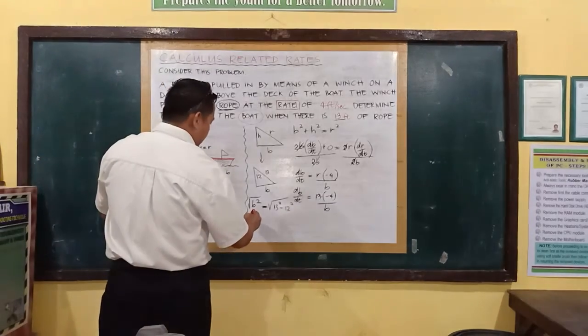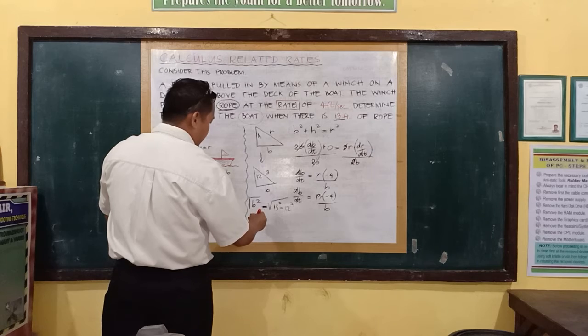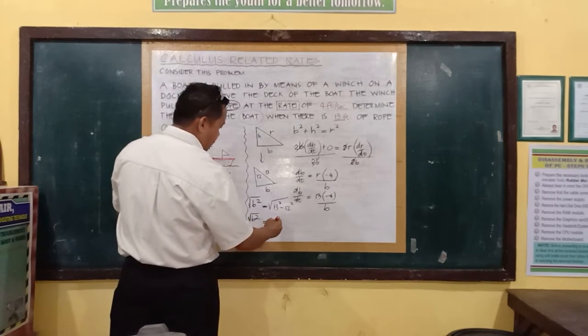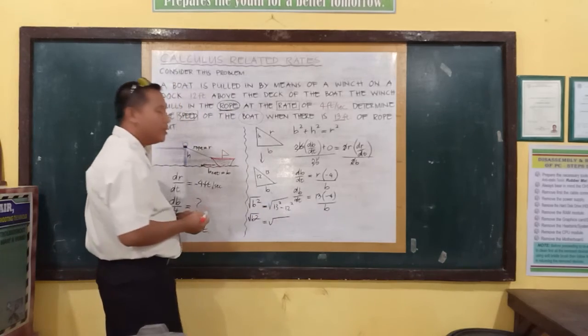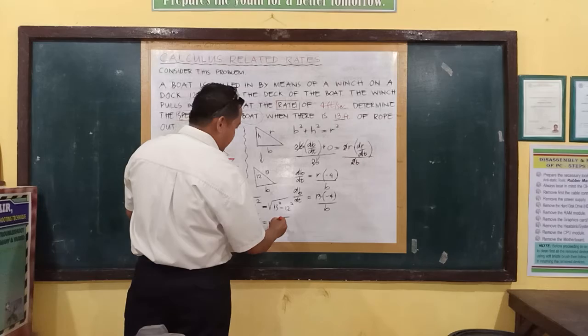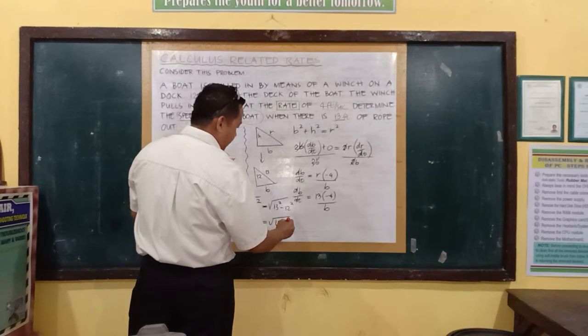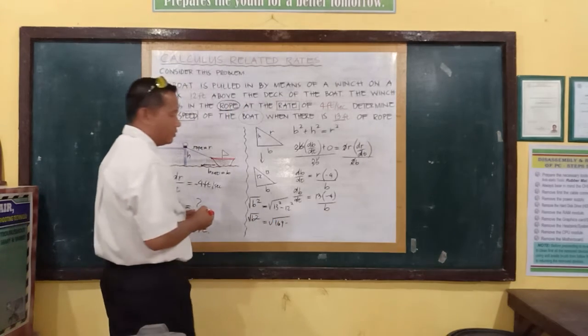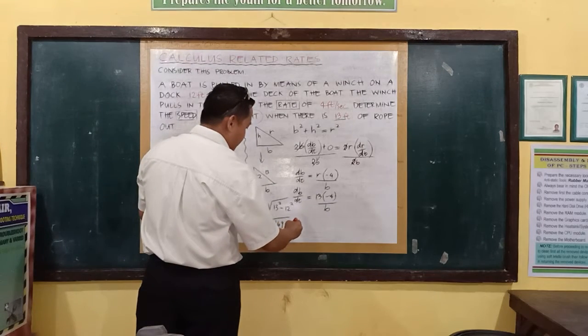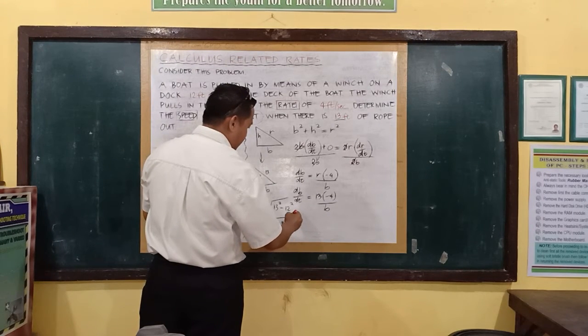Here we have the square root of B squared equals the square root of 13 squared, 169, minus 12 squared, 144.